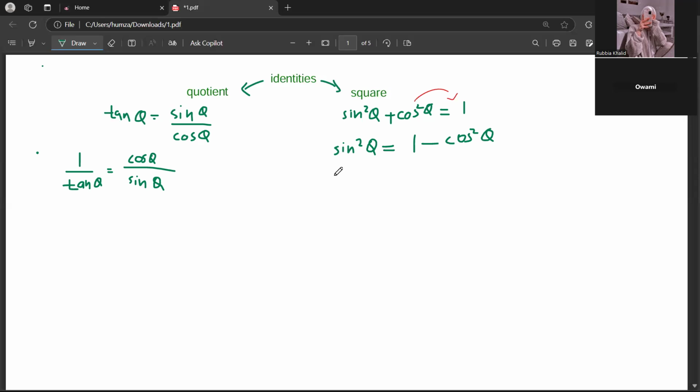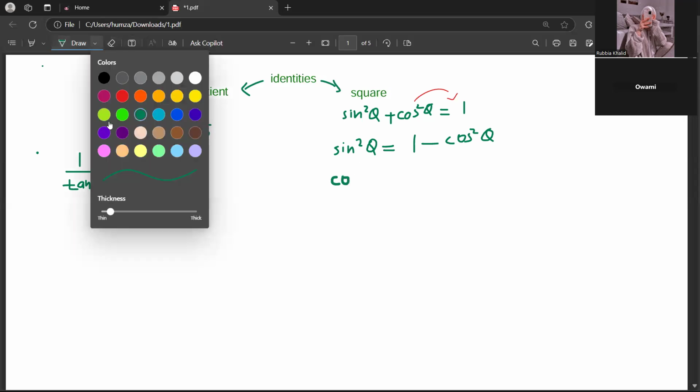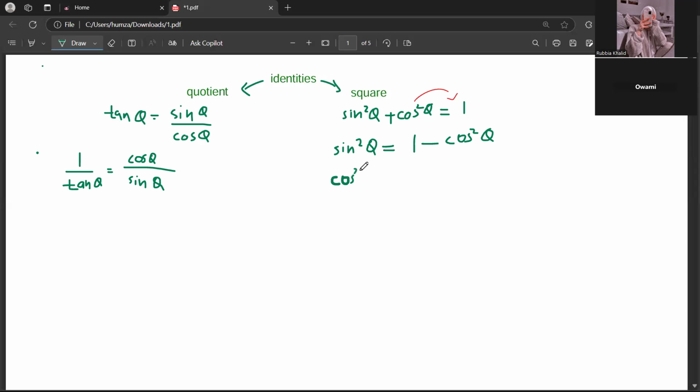Now, if we make cos squared theta the subject of the formula, then in that case, cos squared theta will become 1 minus sine squared theta.